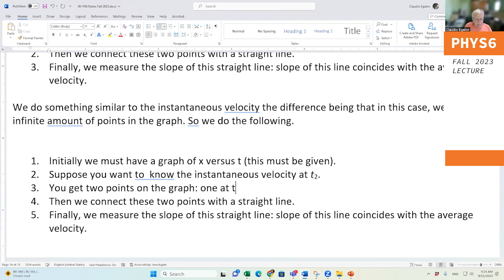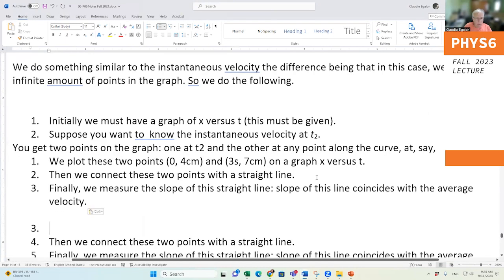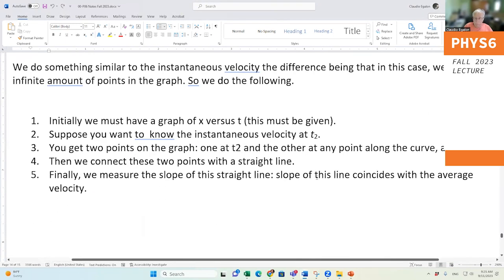One at T2 and the other one at any point along the curve. I call this point, say, T1.